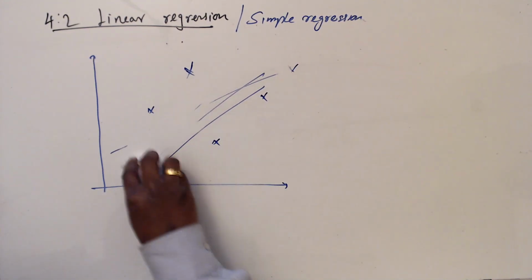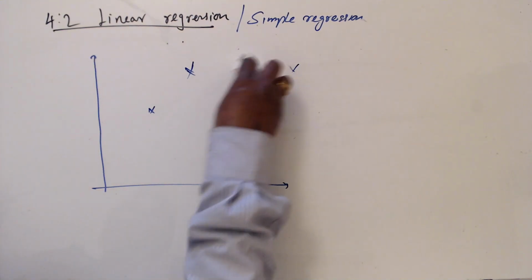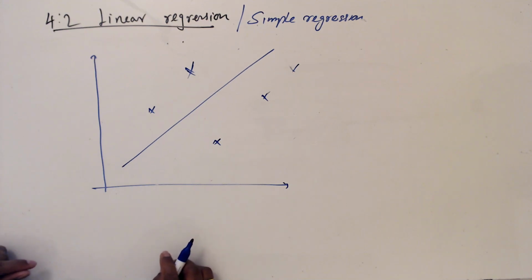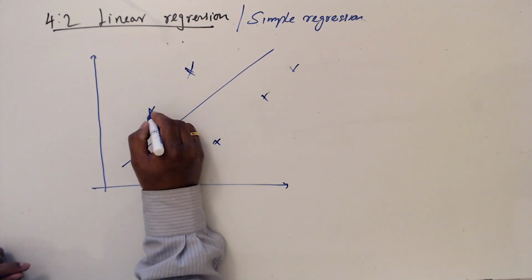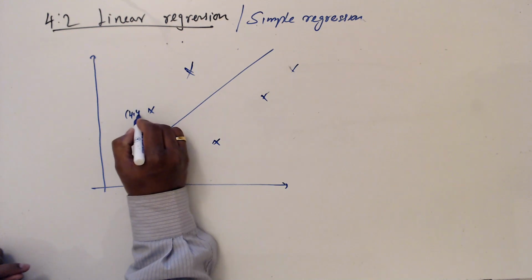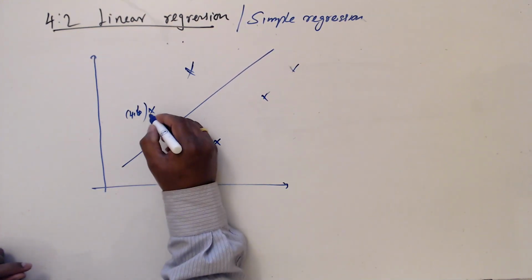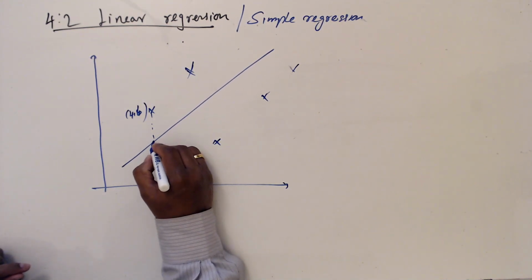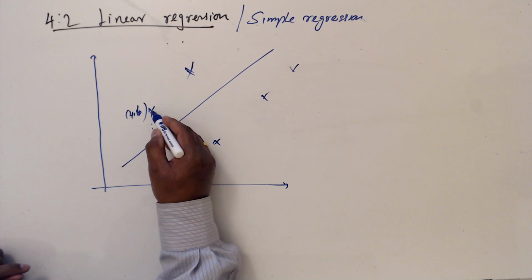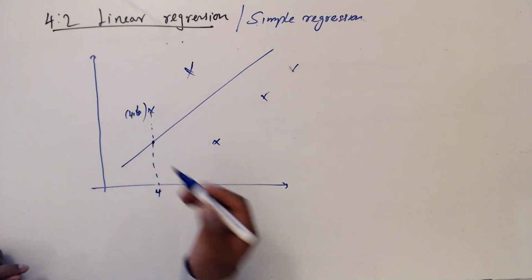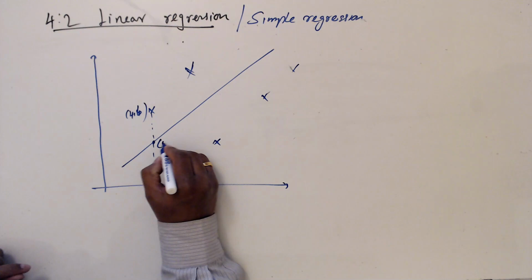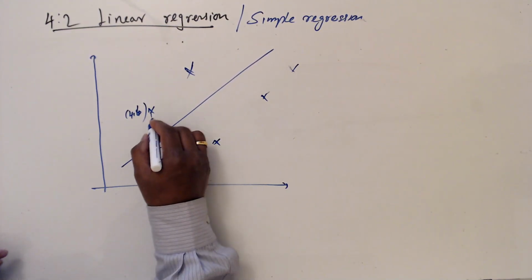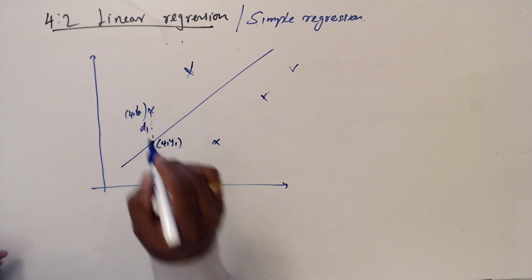So the technique we are using: assume that this is the line, and I will take this point as (4, 6). This value is 4, and the relevant point on the line is (4, y1). I will take this distance as d1.